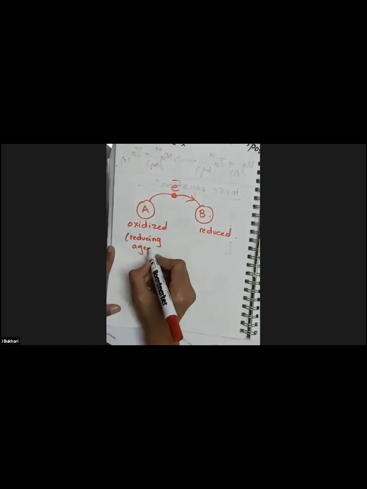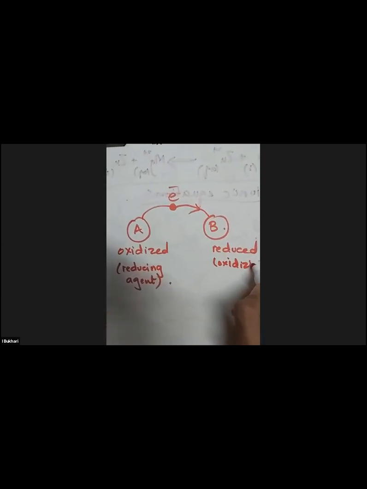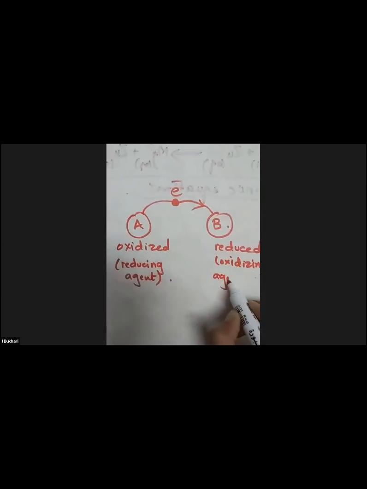Because this is getting oxidized, but it is reducing this, this is the reducing agent. Remember this diagram. And because this is accepting, this is the oxidizing agent. Okay, so remember this.